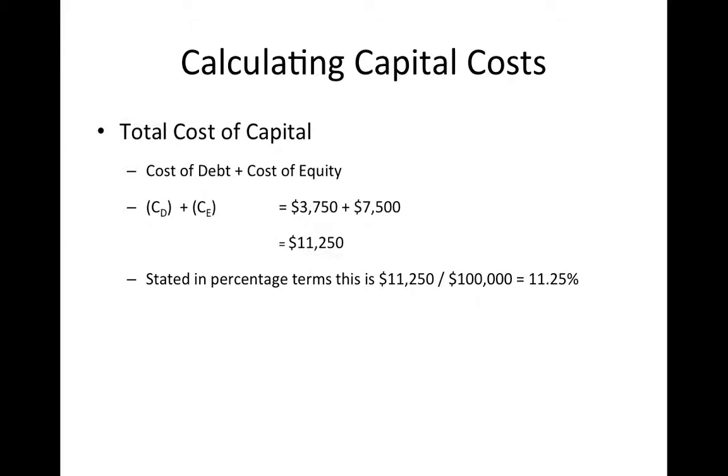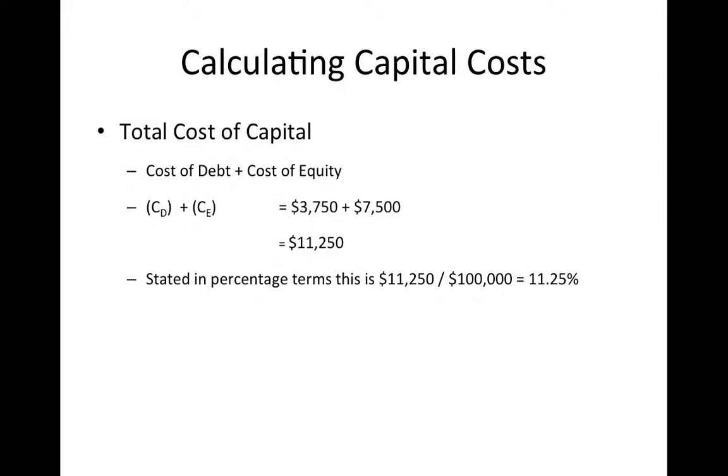So what's the total cost of capital? It's just the cost of debt plus the cost of equity, $3,750 plus $7,500. It's $11,250. So you can see that on a dollar basis, it really is just a question of calculating out what that cost is each time and doing it that way.